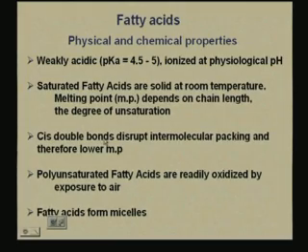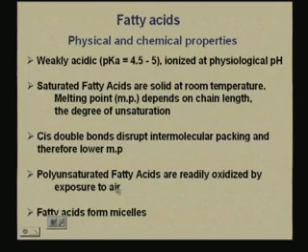So, it lowers the melting point, because if you had straight chains that were very well organized, you would have a higher melting point. But due to the presence of the cis double bonds, the intermolecular packing of the hydrophobic chains is disrupted, it is broken, and that lowers the melting point.